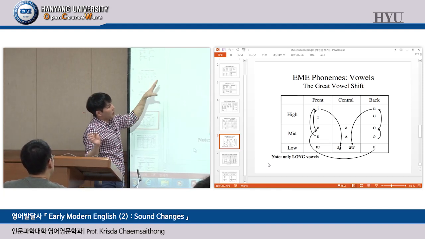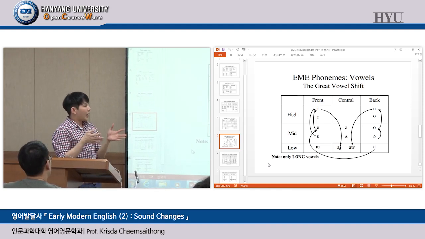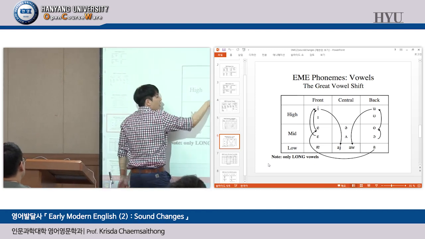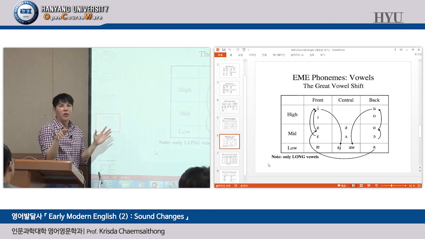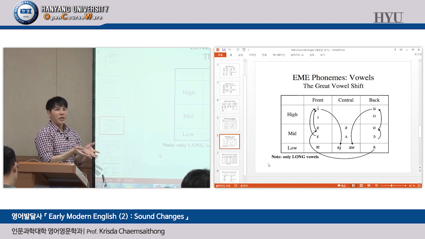You should think of this as when you go on a train, with these vowels representing different people inside a compartment. A compartment is one part of the train, right?